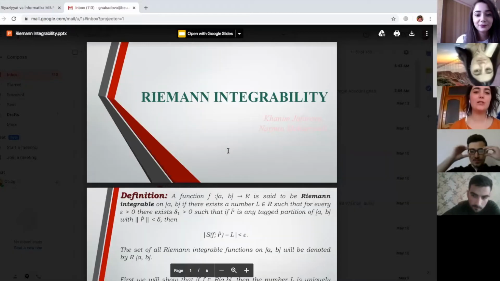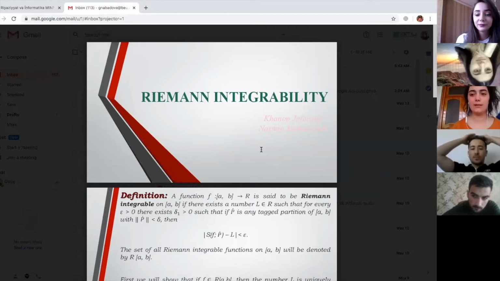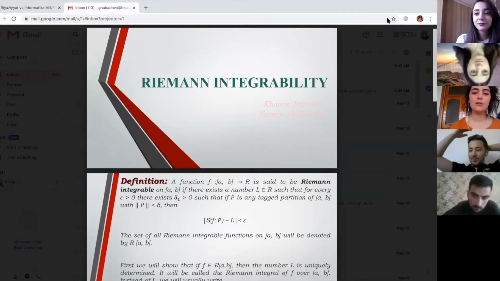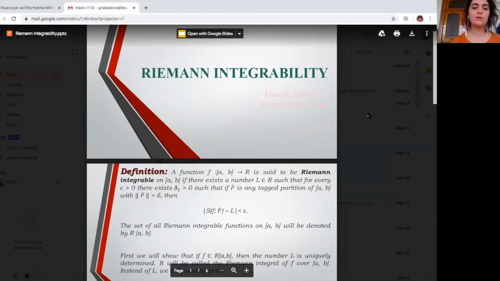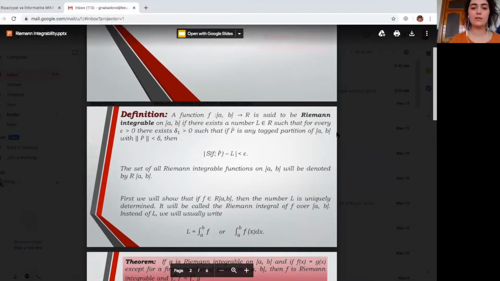Teacher, Nermin and I are going to present Riemann integrability in real analysis. Firstly, I'm going to tell you some definitions about Riemann integrability, which is represented in the first formula on the first slide.